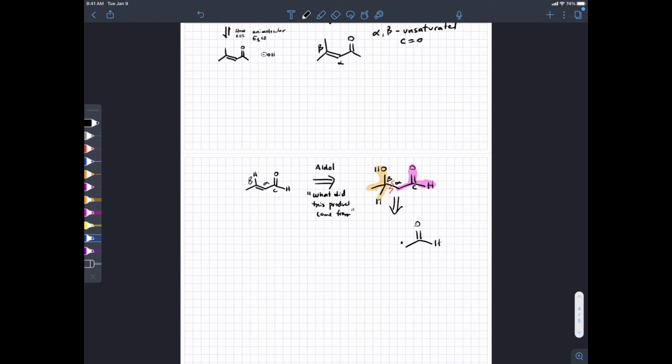The nucleophile would have been this enolate, and the electrophile would have been this aldehyde. And actually, we could have got that enolate from that aldehyde. So if you were to propose a synthesis for this reaction, it would simply be the aldol reaction of this aldehyde with itself to give you this product. Okay?